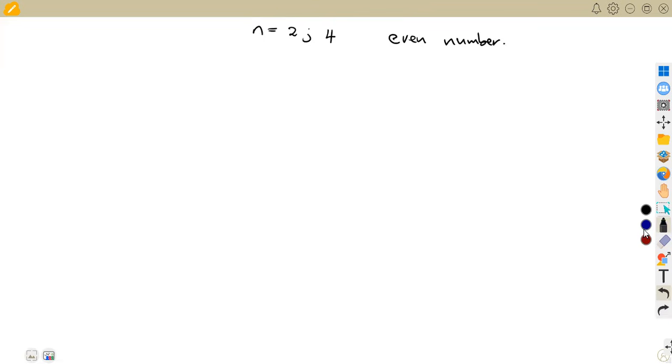Remember, we are dealing with the integral of sine to the exponent of n ax with respect to x. If this n is an even number, that's where we are talking about being 2, being 4. These are the even numbers that we have less than or equal to 5. Whenever the exponent is an even number, you are going to use the identities I showed you before.